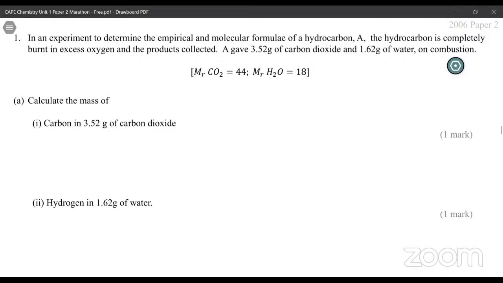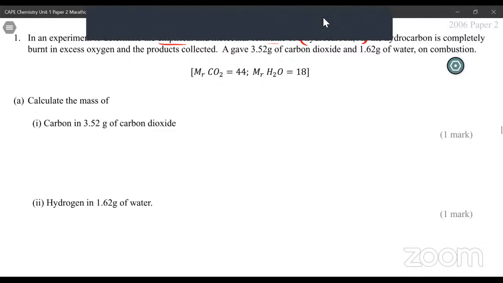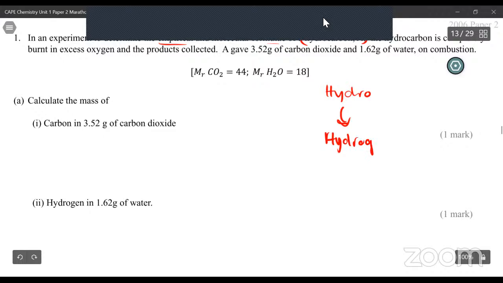So this says, in an experiment to determine the empirical and molecular formulae of a hydrocarbon. Now this is a big hint, right? The word hydrocarbon, you can divide it into hydro, that's representing hydrogen, and carbon speaks for itself, the element carbon, right?